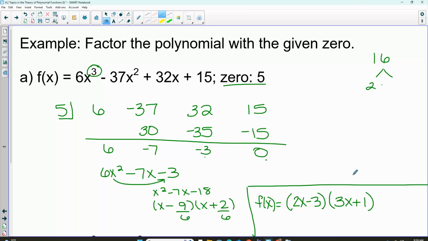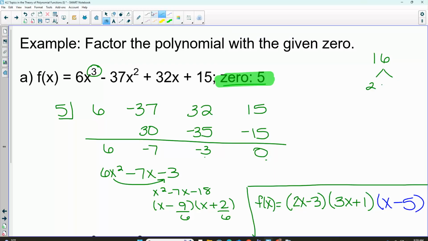What else did I tell you at the very beginning? And I said 5 is a 0. So if 5 is a 0, what should be my factor? X minus 5. That gave me my 3rd piece.